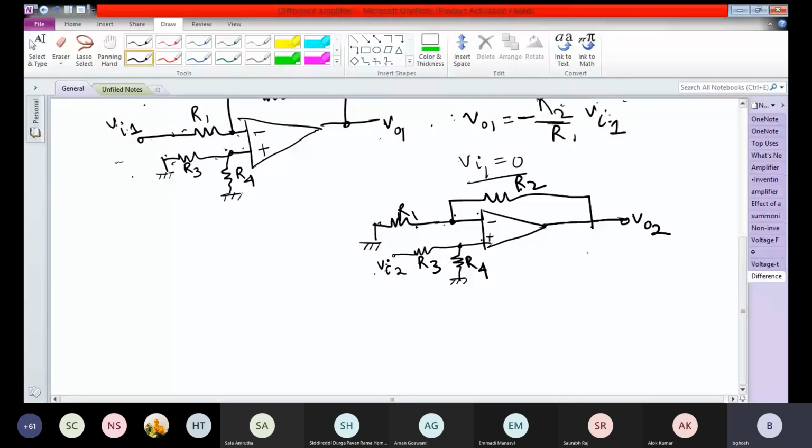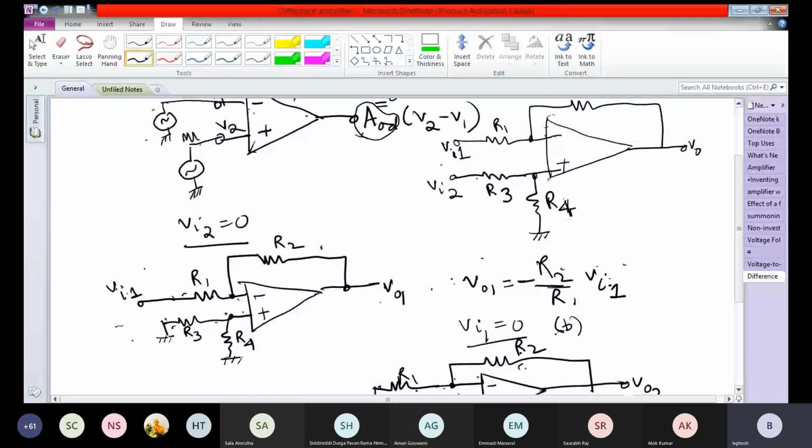So if I say that this is condition B, and this is condition A, just to make it more explicit, this is V2A, this is V1A.